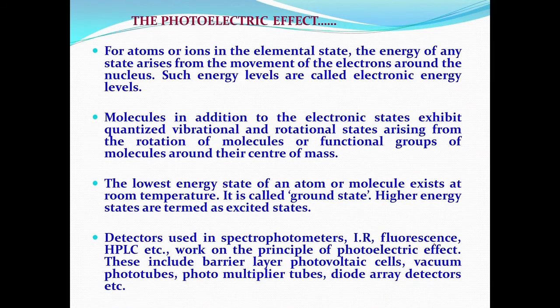Basically, we are talking about the atomic cloud, and the behavior of the atomic cloud in atoms and molecules is slightly different. So, this we should understand. So, there could be some amount of vibrational and rotational states arising from the rotation of the molecules or functional groups of the molecules themselves.